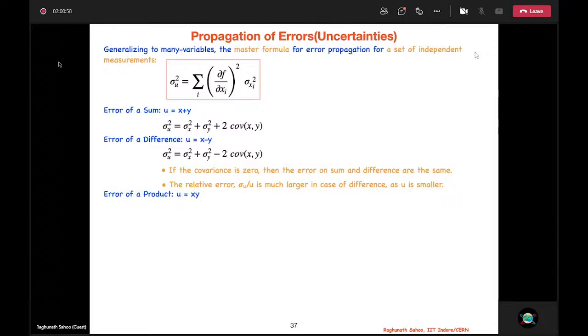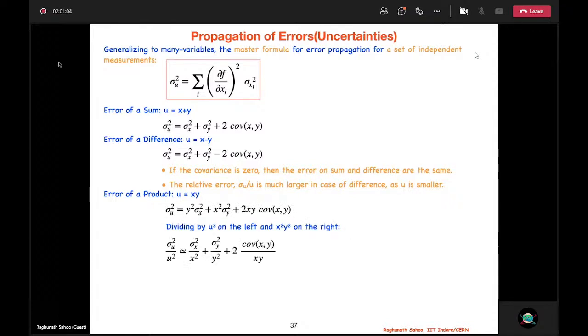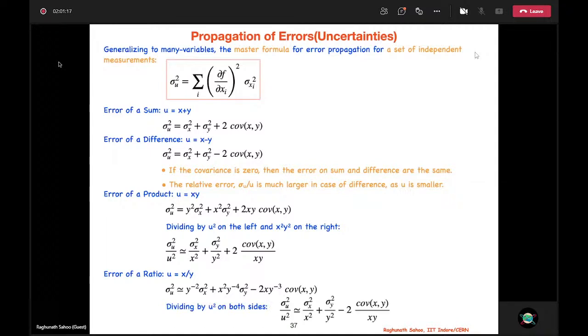So similarly, one can calculate the error on the product. Okay, so apply the same formula which I wrote earlier, and for the relative error, you can rearrange. For the ratio, again u is equal to x by y, so you do the same thing, a little bit of arithmetic or calculus, and you divide by u square, so you will get a similar term.